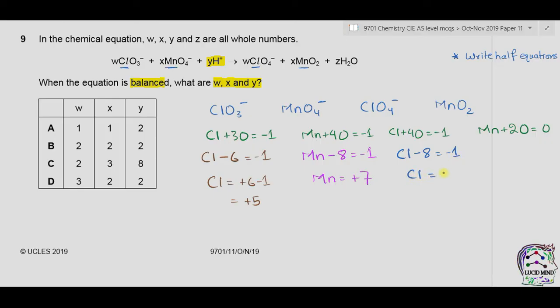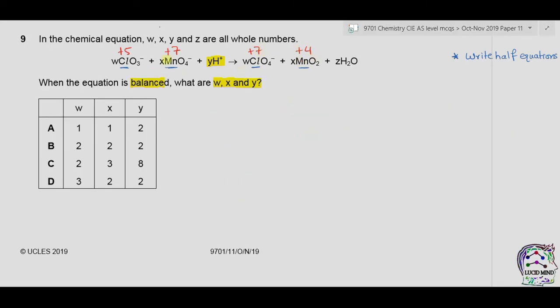So again, it will become +7. In MnO2, we have 2 oxygen atoms. So Mn will become +4. So the oxidation states are +5, +7, +7, +4. Now we can write the half equations.